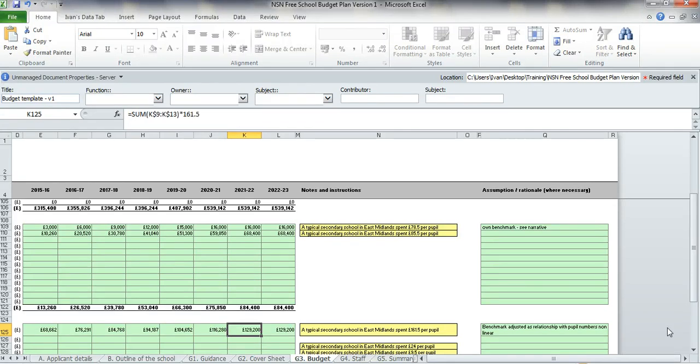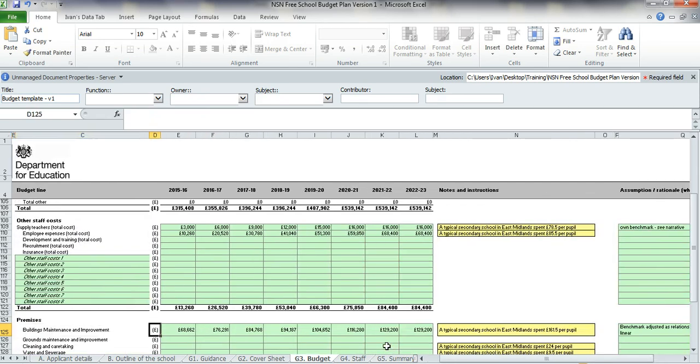Then we said that at full capacity we were happy with the figures that we got based on the DFE benchmarking information.